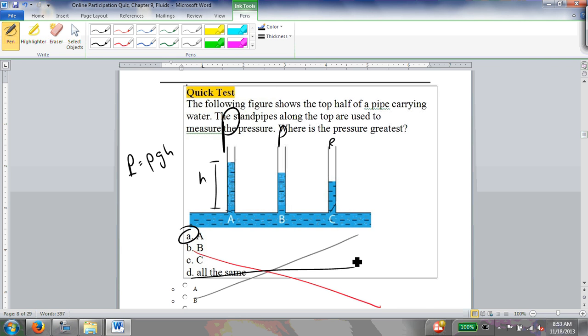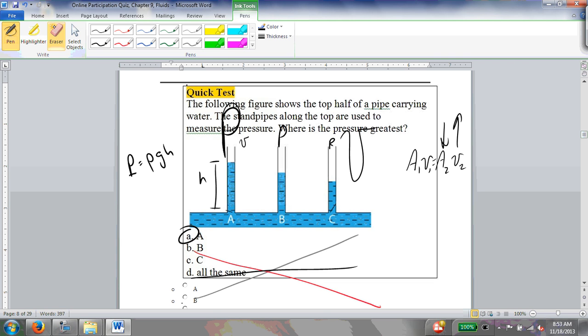Well, I know I have a big pressure here, and so that means I have to have a small velocity. And I have a small pressure here, so that means I have to have a big velocity. That's from Bernoulli's equation. High velocity gives you low pressure. And if I go to my continuity equation, A1V1 equals A2V2, if I have a big velocity, that means my area has to be small.